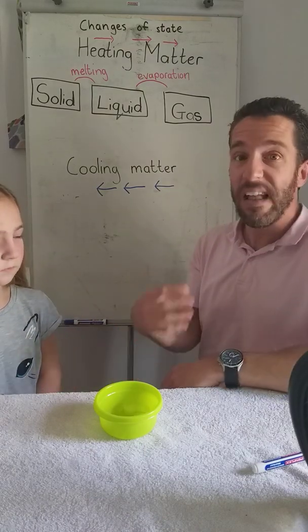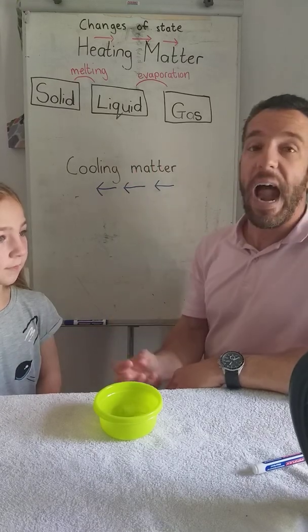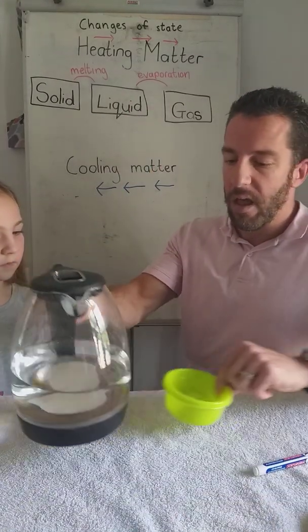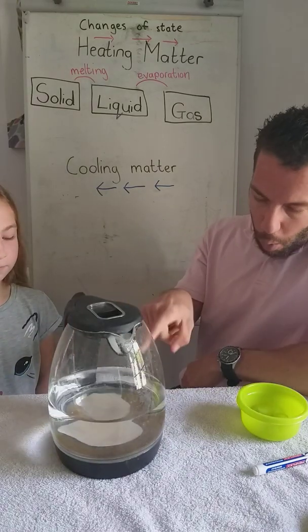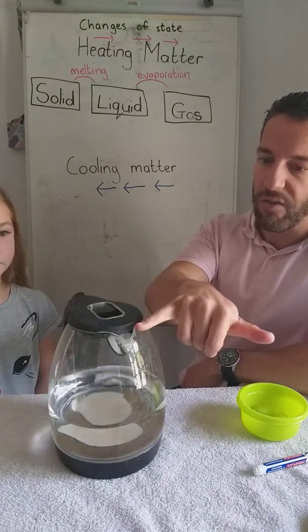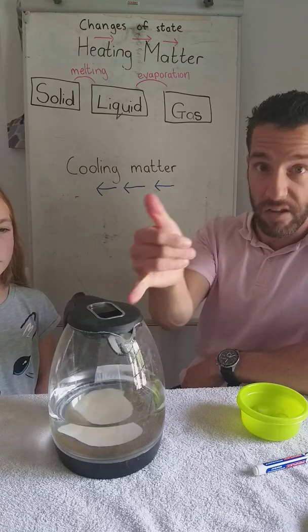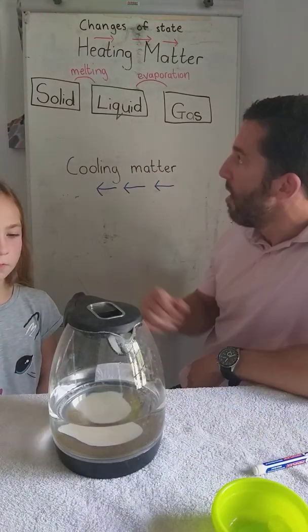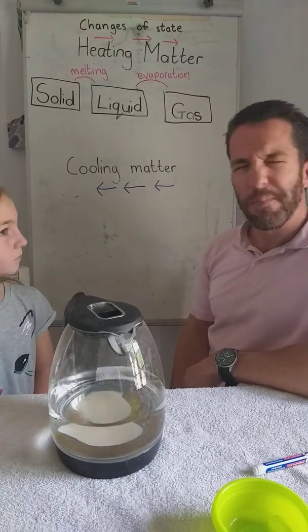The water has not disappeared. It's turned into a gas, and it's gone up into the atmosphere. The same with our boiling kettle over here. A lot of that water, now that it's boiled, is starting to evaporate. It's turned into a gas, in this case steam, and it is moving up into the air. So we call that evaporation.